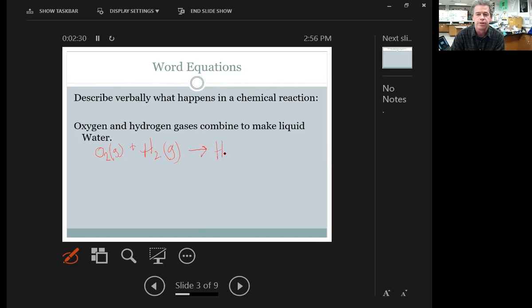So water is H2O, liquid is indicated with an L. So that would be unbalanced. Notice they aren't balanced yet, but that would be the symbology to represent this word equation.